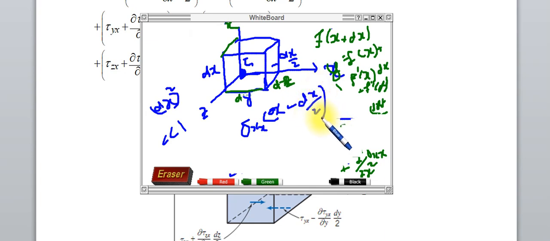Minus dx by 2. So when we change, again, you can see it will become sigma xx by using Taylor series. While studying something at the center, you can apply this Taylor series about this point, plus partial by partial x into minus dx by 2.